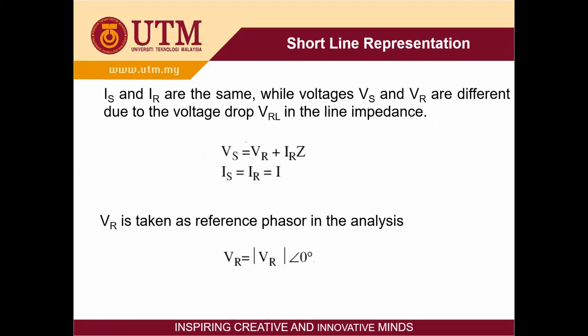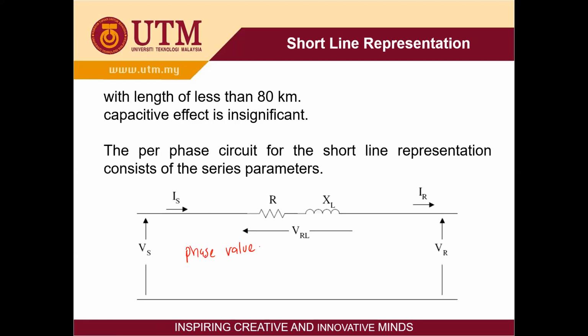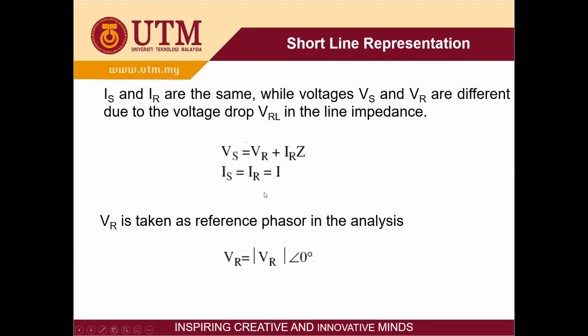As you can see from this circuit, IS and IR are the same because this is a single loop. Voltages VS and VR are different due to the voltage drop across the impedance.